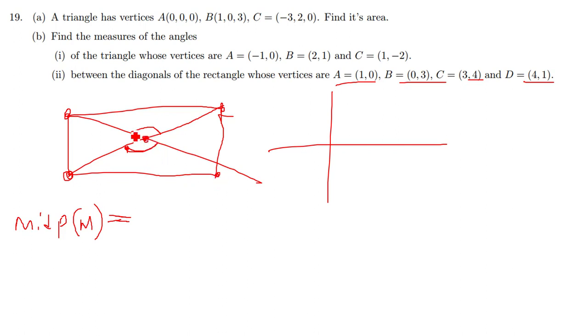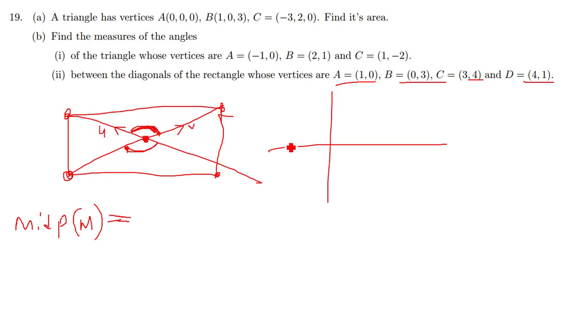Then once you find the midpoint, to find this angle here, you take this point as your origin. So you now find this vector cross this vector. Let's say for instance this vector is u and this vector is v.